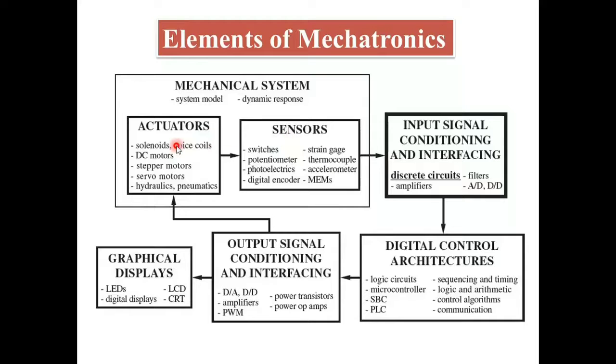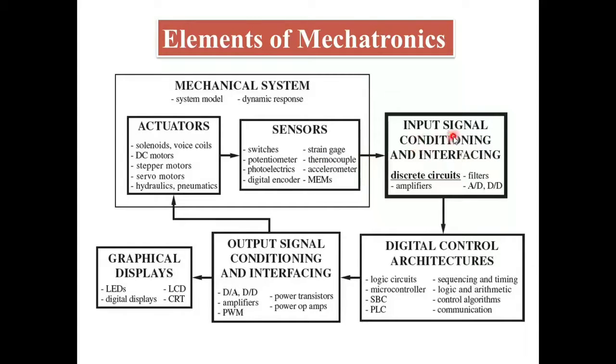Actuators produce some action or motion, whereas the sensors detect the state of system parameters like input and output. Here the sensor will sense the system and give parameters, input and output, to the signal conditioning unit.